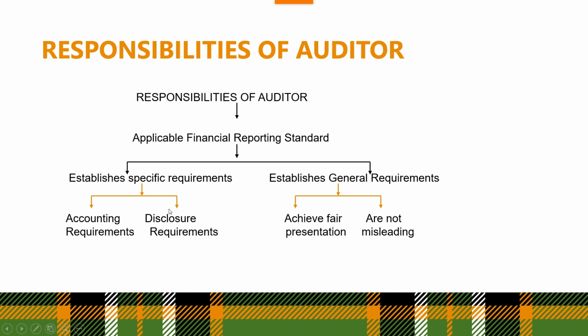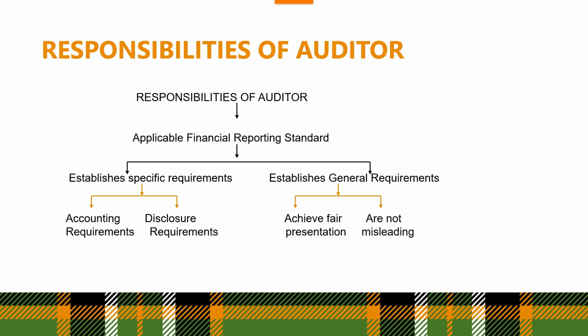Even if the disclosure is not required, missing information can still mislead the user. The auditor's goal is to ensure fair presentation, not just compliance. Professional judgment is very important here.